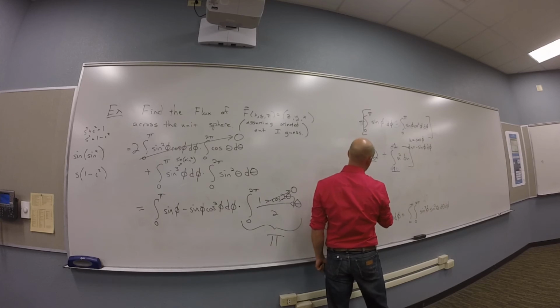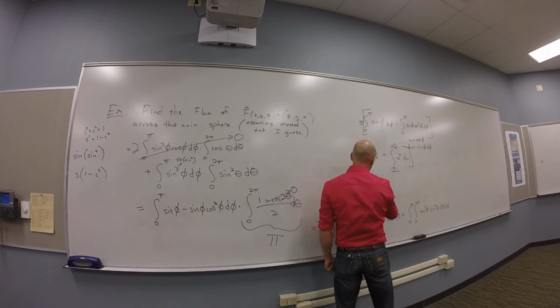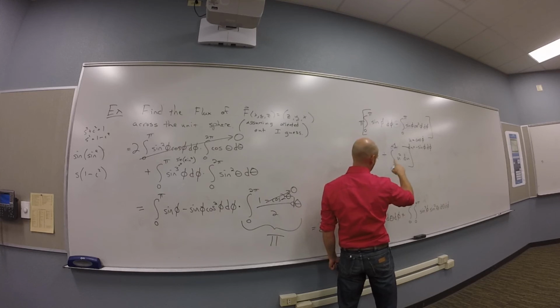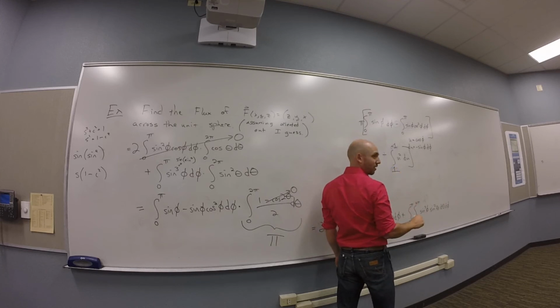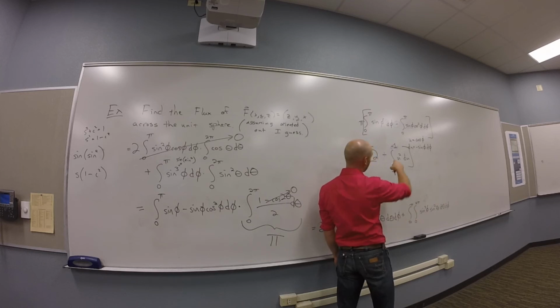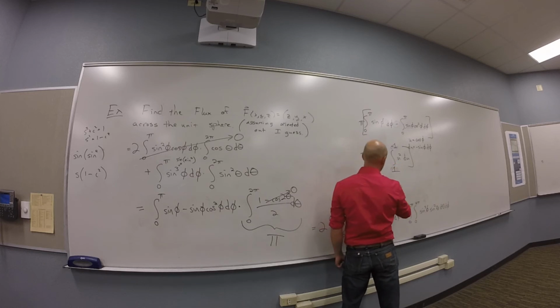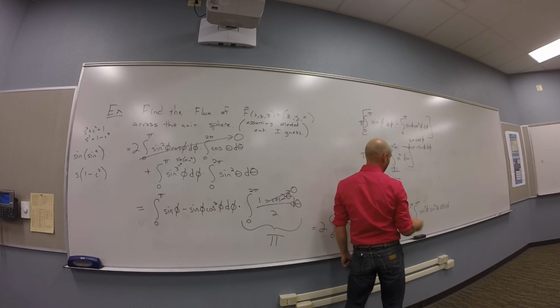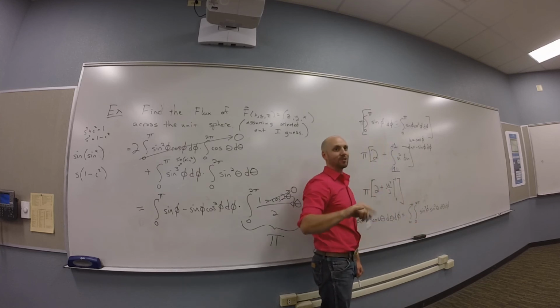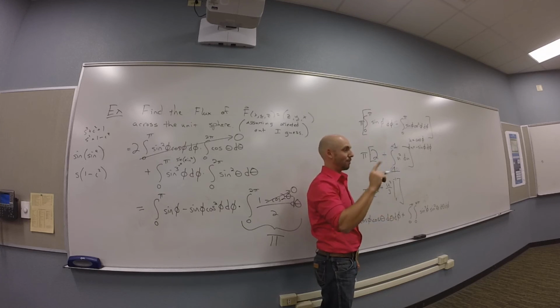Okay, so I got pi times 2 plus the integral of u squared, so that's u cubed over 3, evaluated from 1 to -1, which is backwards, but that's okay. You just have to do the top minus the bottom.